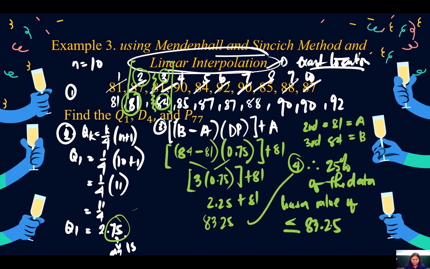So, ibig sabihin, sa part na to class, from 83.25, mula sa kanya hanggang pababa, up to 81, doon naglalaro yung score ng 25% ng total population. Meaning, in opposite class, 75% of the data has a value of greater than 83.25. So, 75%.